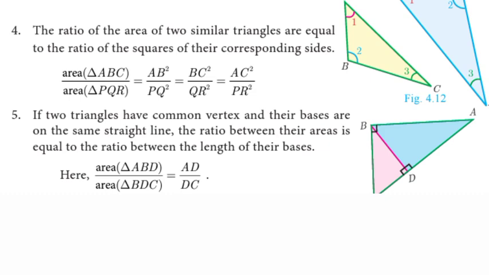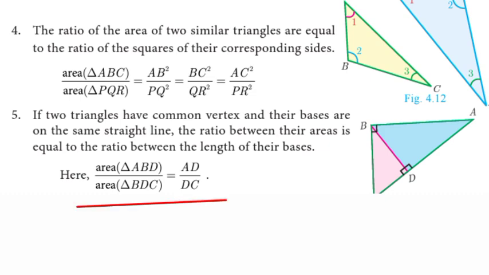Fifth one: if two triangles have a common vertex and their bases are on the same straight line, the ratio between their areas is equal to the ratio between the lengths of their bases.